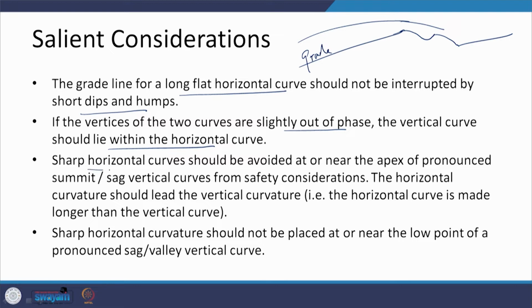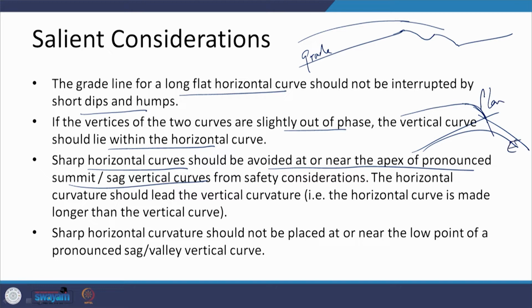Sharp horizontal curves should be avoided at or near the apex of the summit or the sag vertical curves. So, we have a vertical curve like this being provided, but at this particular point you are coming with a very sharp curve in this form. This is say plan and that is elevation.